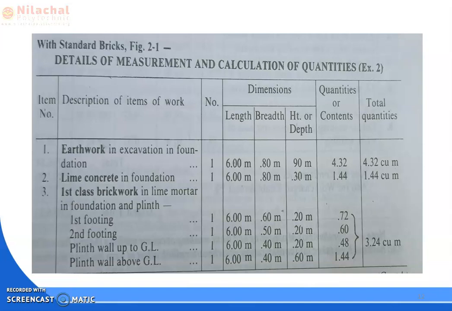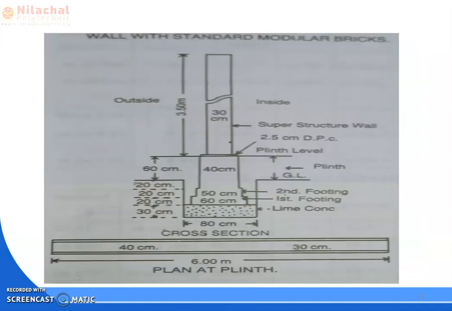Then after that we go to the plinth wall up to ground level. What do you mean by plinth wall up to ground level? Here your 40 centimeter wall is provided. It is known as the plinth wall. It is provided below the plinth level and from the ground level.